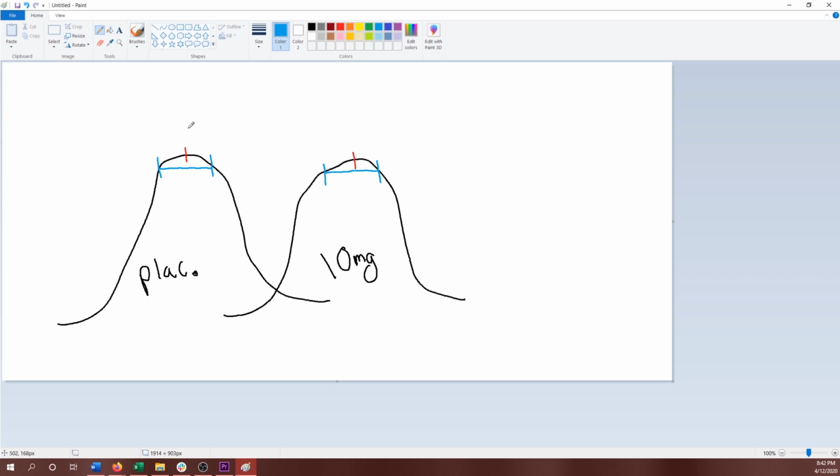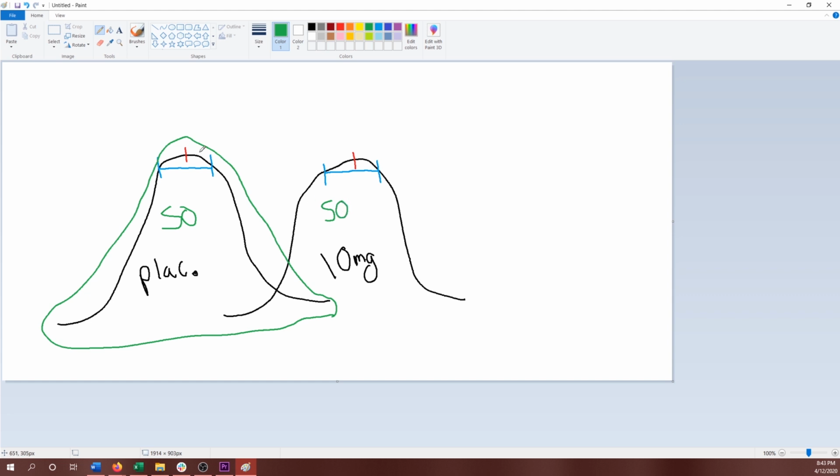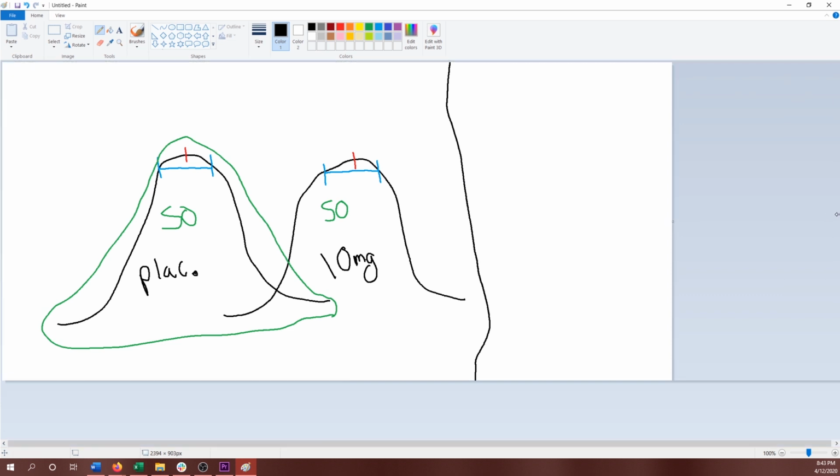Now, you would take this distribution right here, and you would say, what if instead of the 50 people that you had in both of these groups, you had 10,000? So I'm going to make a line here that separates these two from this other thing over here.